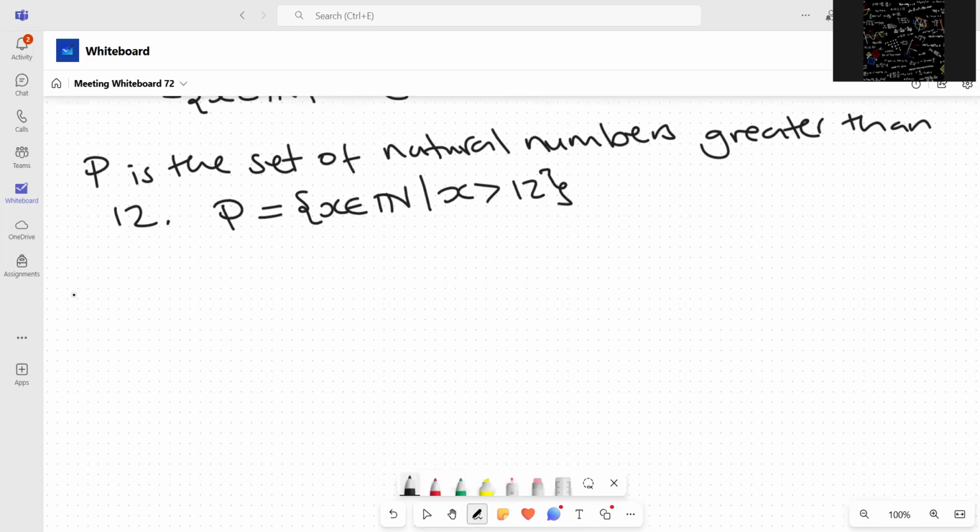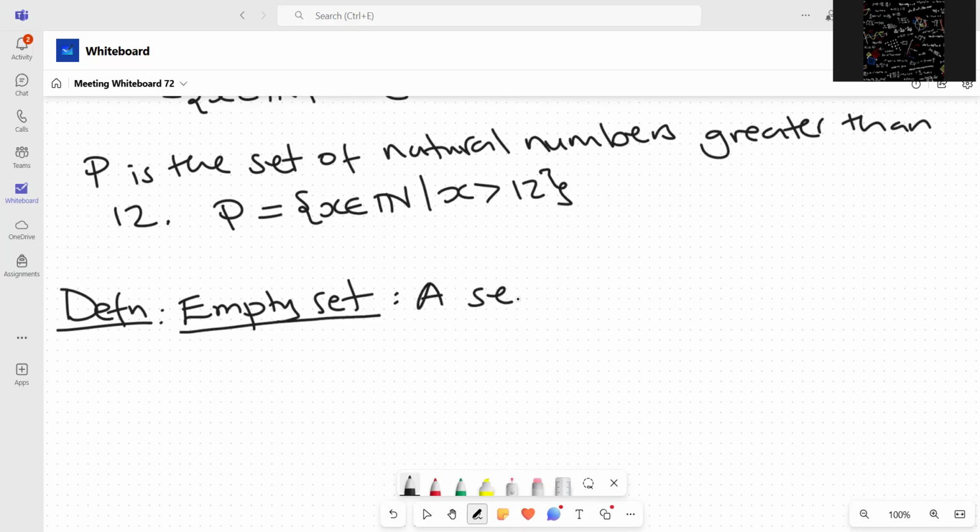Then some more definitions. Here we have the definition of an empty set. What is an empty set? This is a set that does not contain any elements.